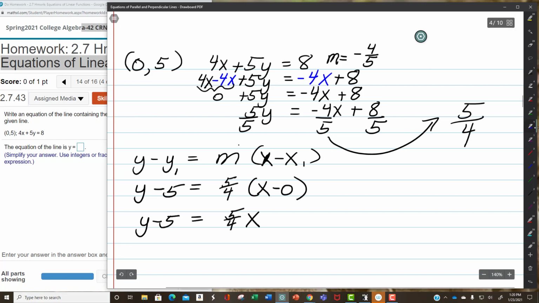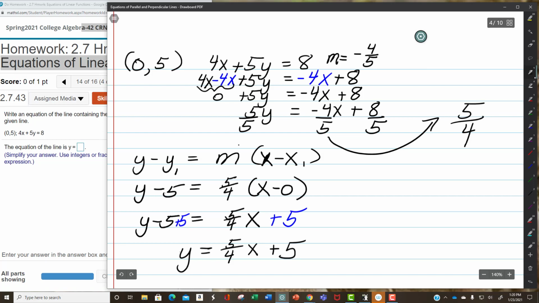Now, add 5 to both sides. So the answer to this problem should be y equals 5/4 x plus 5.